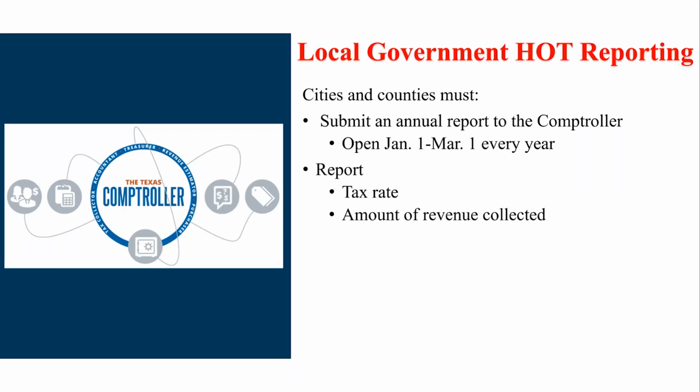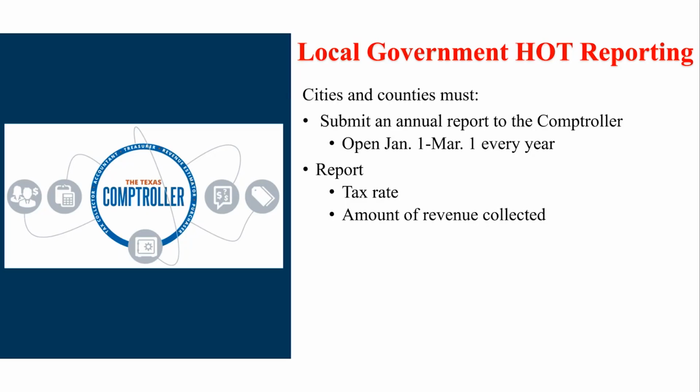It also requires that all cities and counties report all allocation of the hot tax revenue. Prior to these bills, local governments were allowed to just submit a link to where the information resided on their website. Now they must use the comptroller's form to report all the required information.